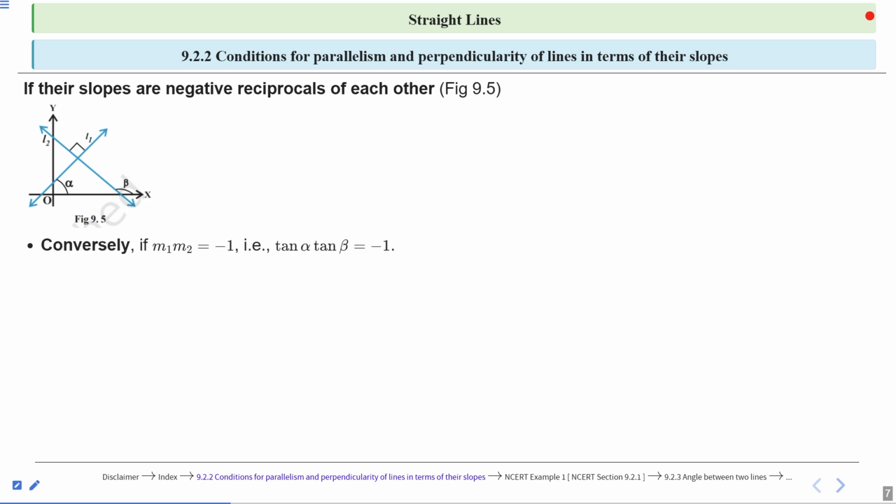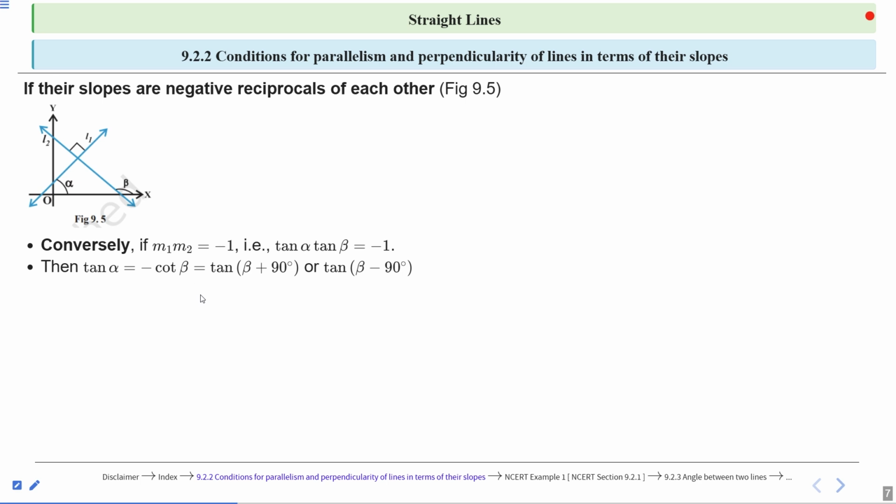Conversely, if m1 into m2 is -1, that is tan alpha into tan beta is equal to -1, then tan alpha is equal to -1 by tan beta, which you can write as tan alpha equal to minus cot beta.